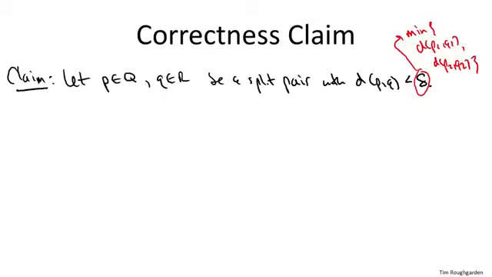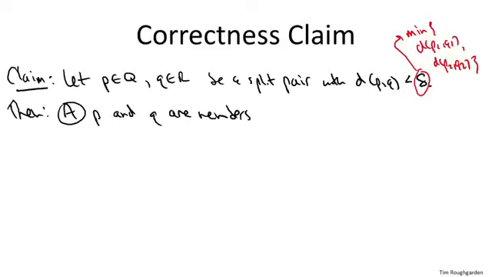On the other hand, if we are in the lucky case, then there will not be any split pairs with distance less than delta, because the closest pair lies either all on the left or all on the right, and it's not split. But remember, we're interested in the case where there is a split pair that has distance less than delta, where there is a split pair that is the closest pair. So the claim has 2 parts. The first part, part A, says the following. It says that if there's a split pair p and q of this type, then p and q are members of Sy.